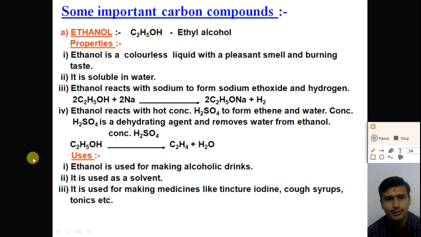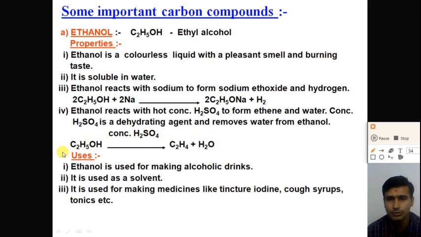Fourth property is that ethanol reacts with hot concentrated sulfuric acid to form ethene and water. Concentrated H2SO4 is a dehydrating agent and removes water from ethanol. C2H5OH, the molecular formula of ethanol, reacts with concentrated H2SO4 to form C2H4 plus water. This water is removed, or dehydrated, with the help of concentrated H2SO4.